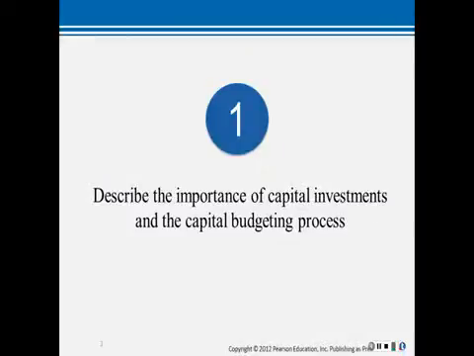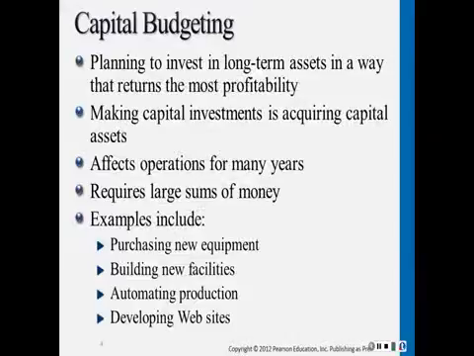The first learning objective is to describe the importance of capital investments and the capital budgeting process. The process of making capital investment decisions is often referred to as capital budgeting. Capital budgeting is planning to invest in long-term assets in a way that returns the most profitability to a company.